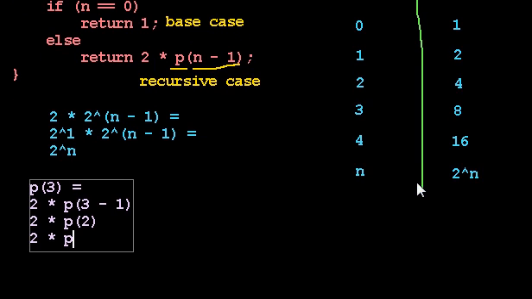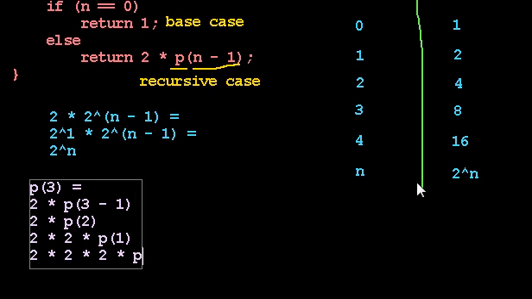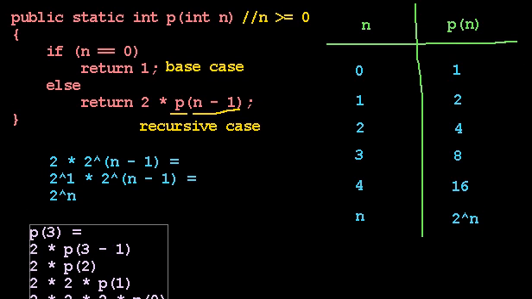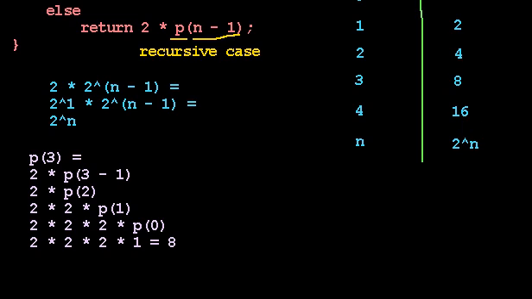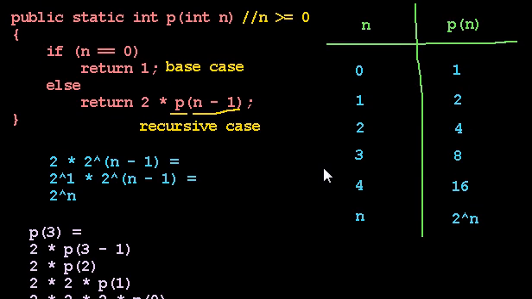I'm skipping some steps, but I think you see where this is going. And p of 1 is 2 times p of 0. And p of 0 is 1. So this is 2 times 2 times 2 times 1, which is 8, which is 2 to the third. So there's another way we can work out the answer.